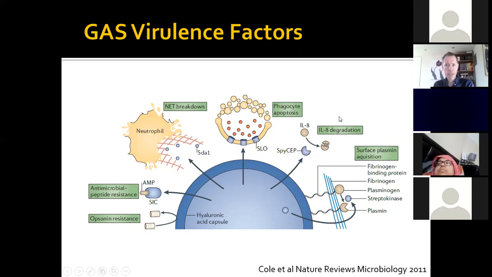And probably the most important one in relation to necrotizing fasciitis is this virulence factor. It's a protease called SpyCEP produced by group A Streptococcus. And this has the effect of jamming the communication lines that the human immune system uses to bring neutrophils to the site of infection. So what it does is it degrades interleukin-8, which is the main signal for neutrophils to come to a site of infection.